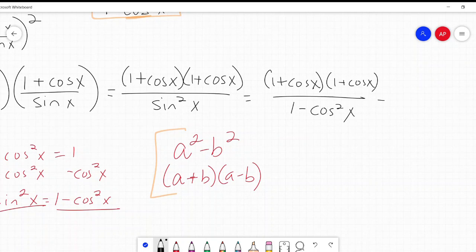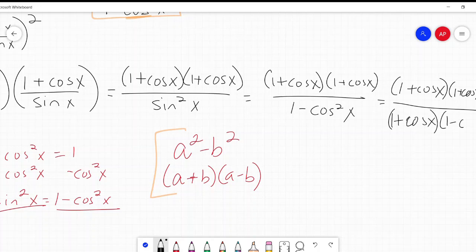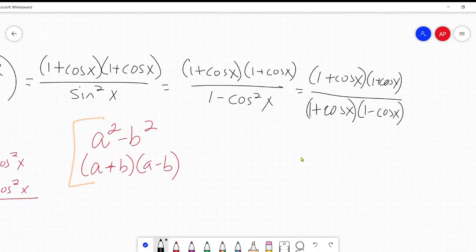All right, so we're in the home stretch. I've still got my 1 plus cosine x times 1 plus cosine x, running out of room, on top. And on the bottom, 1 plus cosine x times 1 minus cosine x. Oh my goodness, we're so close. Look at this. Wow, my handwriting's getting so terrible. Okay, because I factored it, I used this rule over here and I factored it.